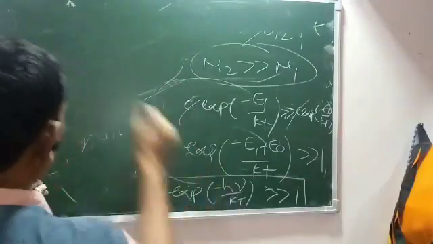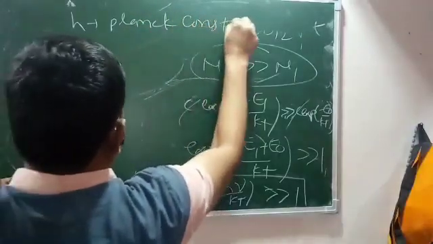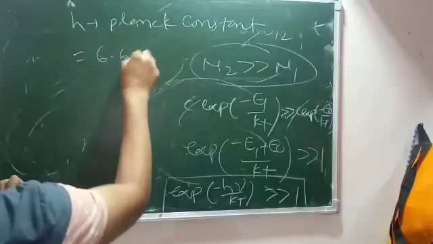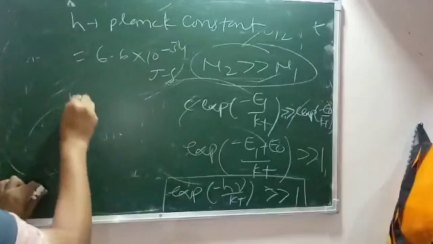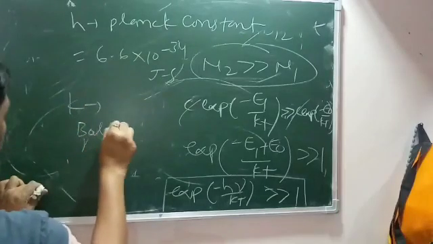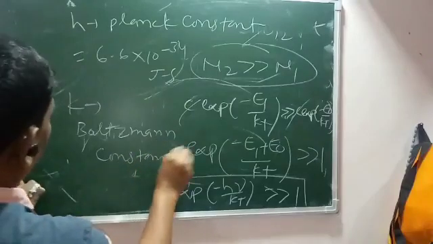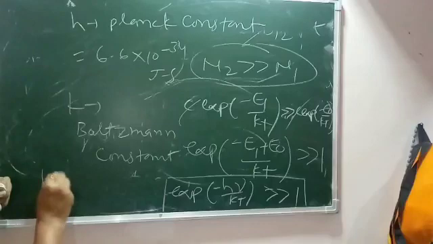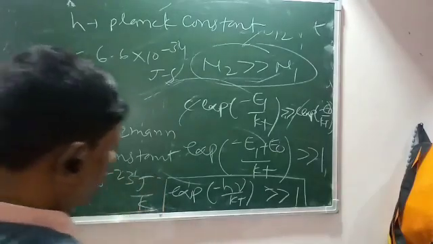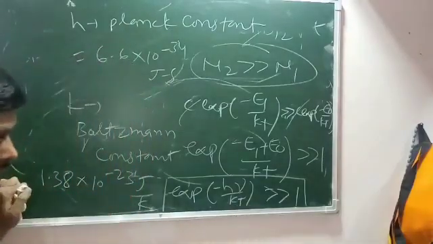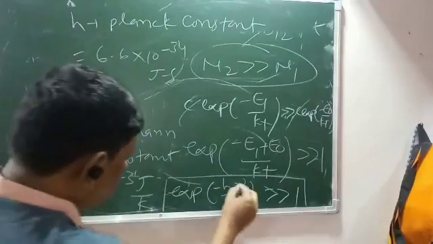Here h is the Planck constant, equal to 6.6 into 10 to the power minus 34 joule second, and k is the Boltzmann constant, equal to 1.38 into 10 to the power minus 23 joule per Kelvin. T is the thermal equilibrium temperature between the energy states and the external environment, and nu is the frequency.